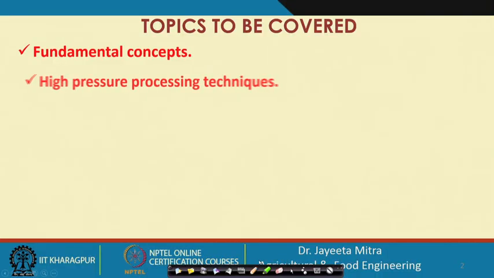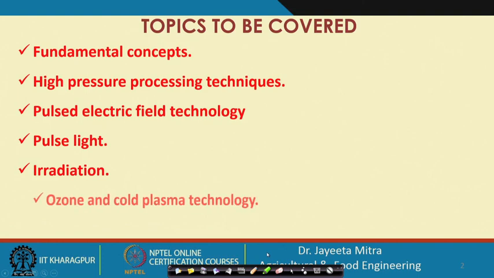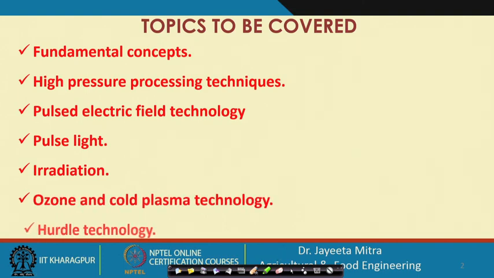So, in today's class and in the subsequent classes, we will discuss some of the non-thermal preservation techniques. Basically the fundamental concept behind non-thermal processing we will cover. In that, high pressure processing, which is one non-thermal preservation technique, pulse electric field technology, pulse light technology, irradiation, ozone and cold plasma technology, all this we will discuss.